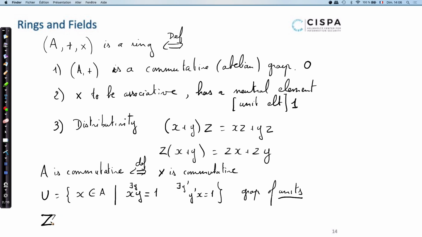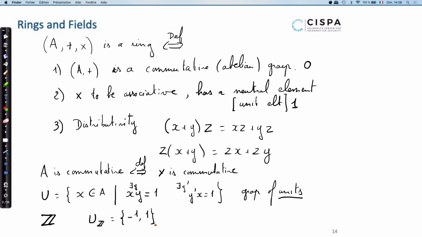So example, Z together with the standard addition and standard multiplication forms a ring, and in Z, the group of units is a very simple set that only contains -1 and 1. And you can check that this set with 2 elements is indeed a group for multiplication. Good. So that's a basic definition of rings.